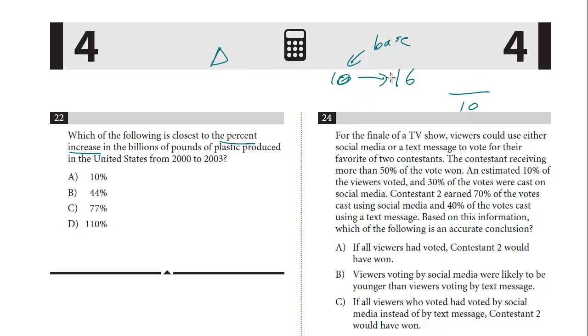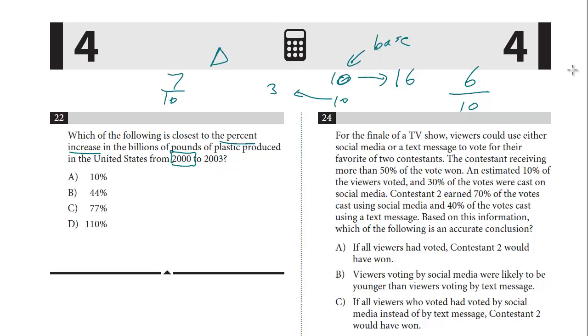We went from 10 to 16. You're going to put a 6. This would give you the percent increase. If we went from 10 down to, let's say, 3, we'd still put a 10 on the bottom, but we put a 7. That's how much it declined by. You don't need a negative because that's what decrease means. So if you just remember percent increase or decrease, whatever you're starting with goes on the bottom, so we're looking for 2000, and then the change in 2003.